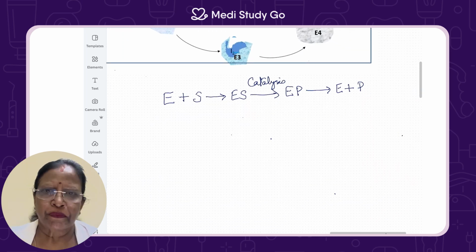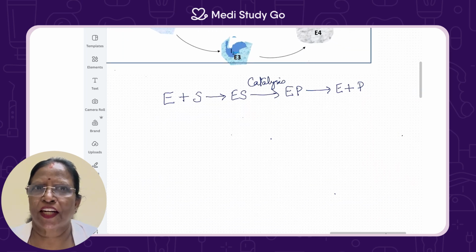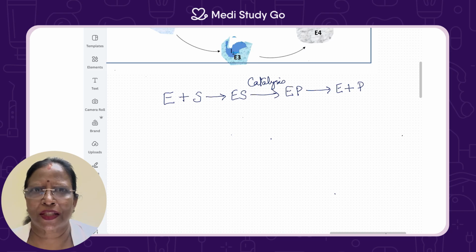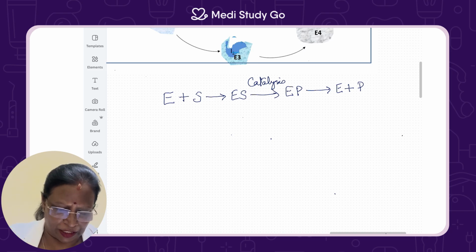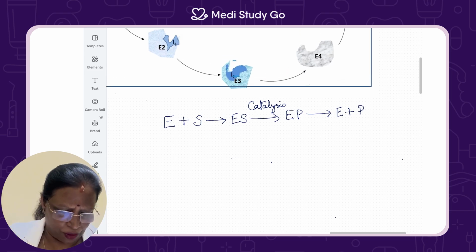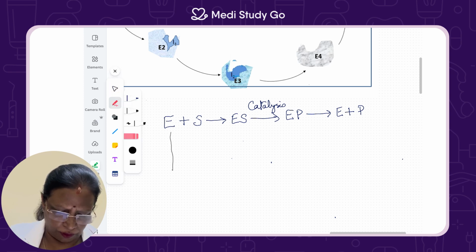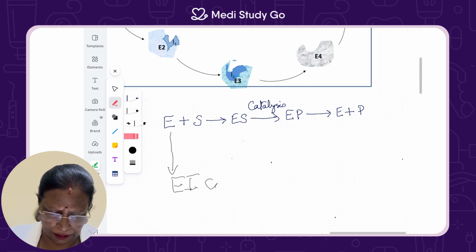We have seen the normal reaction between enzyme and substrate, giving rise to enzyme-substrate complex, enzyme-product complex, and then dissociating into enzyme and products. In presence of inhibitor, the enzyme will bind to the inhibitor to form enzyme inhibitor complex.